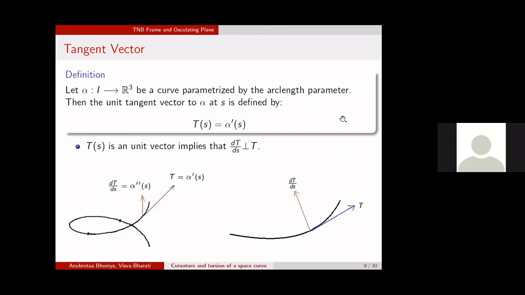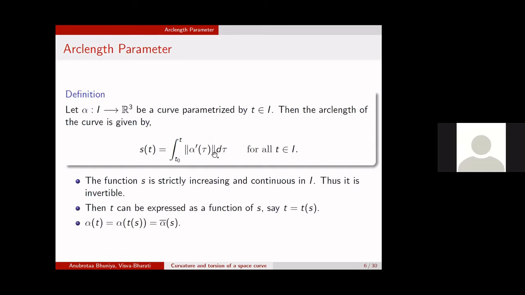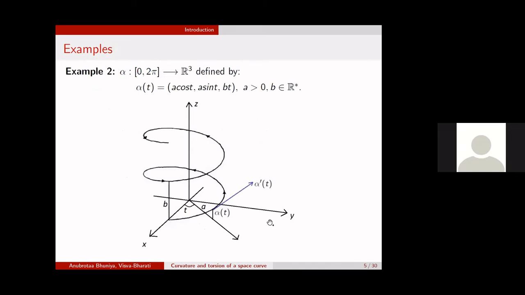Now to go further, I need to introduce some more notions like the tangent vector. Here you see alpha bar dash s is nothing but alpha dash t by ds/dt, and here ds/dt is equal to norm alpha dash t. So alpha bar dash s becomes a unit vector, which is alpha dash t by norm alpha dash t.